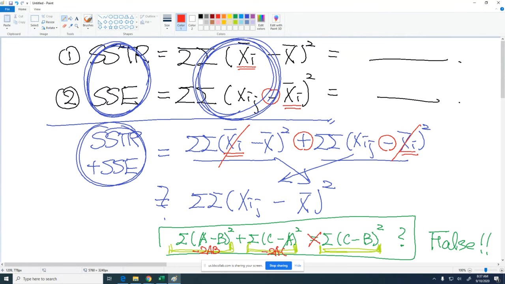But in statistics, sorry, yes, it is yes. It's magic. Trust me. You can try, but it is not easy.